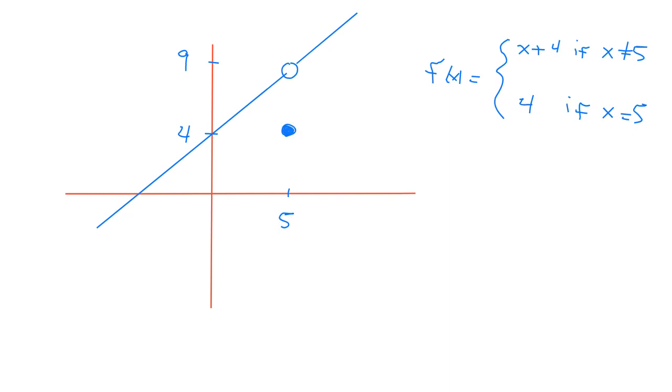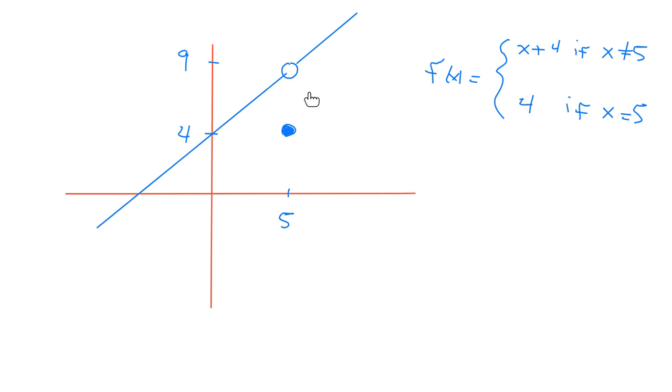Okay. So here's my example. Here's my function. And here's the graph. All right. So why is this the graph of that function? Well, because this function is x plus 4 if x is not 5. What is y equals x plus 4? It's a straight line. It has a y-intercept of 4.